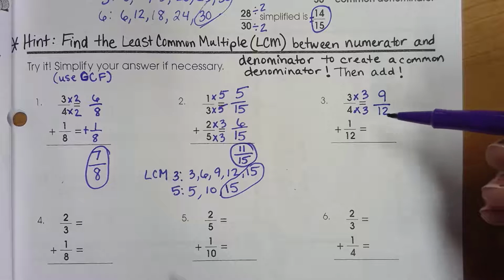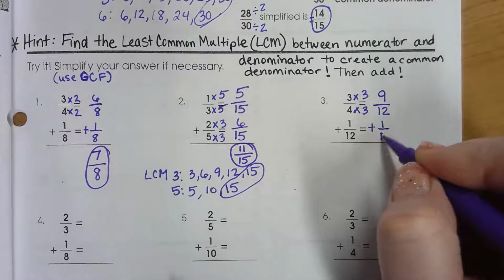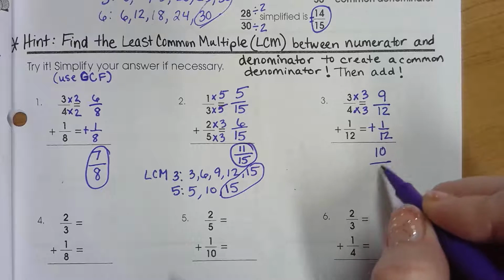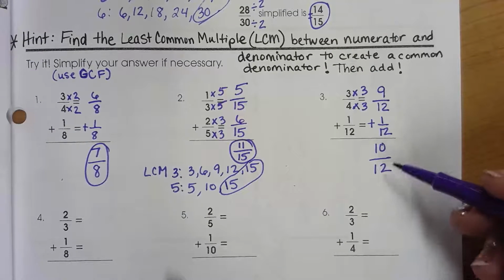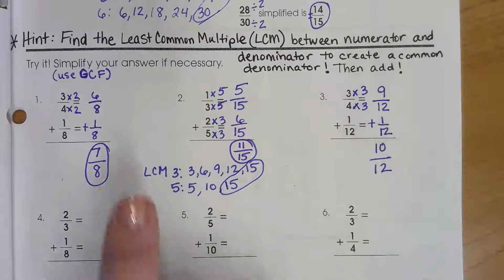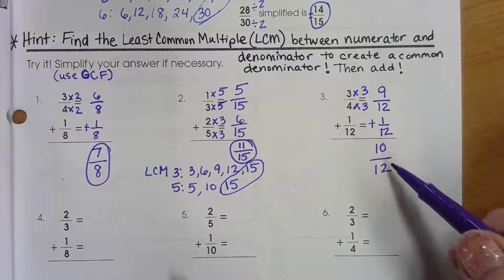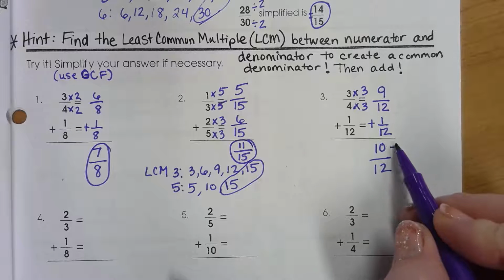Because those are equal, I can now add 1/12 to 9/12. I get 10/12. Can I simplify this? Can I find a common factor to simplify? Well, they're both an even number. All even numbers can be divided by 2.